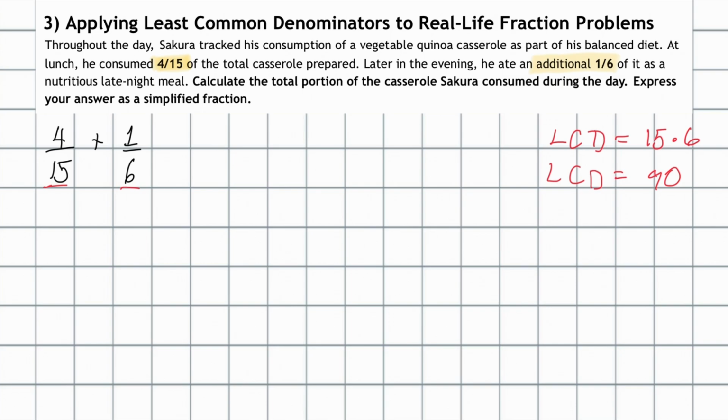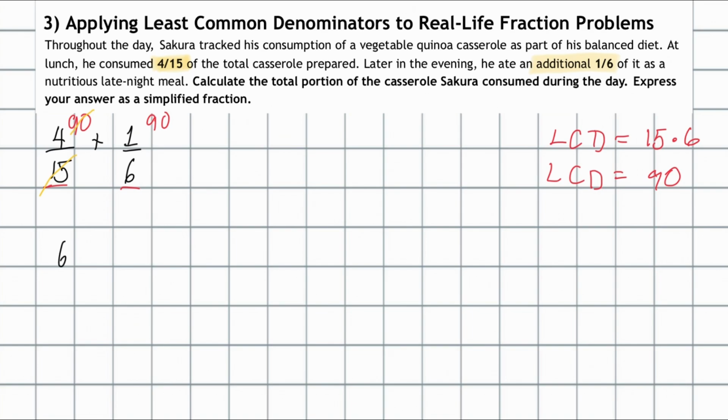So now we're going to use this number, and we are going to divide it in each portion. This is the way we're going to do it. We're going to divide 90 by 15, and we know that number is going to be 6, right?